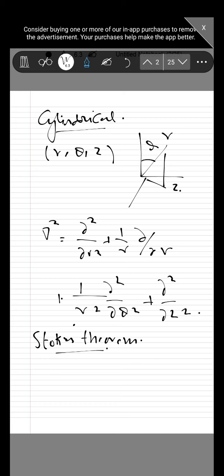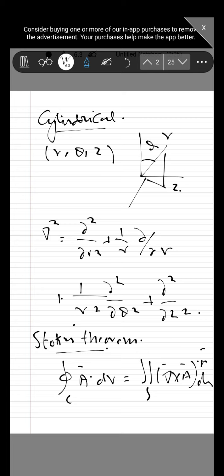It is represented in this fashion: the closed integral of A dot dr is equal to the integral of del cross A dot n ds. So it is a circular line integral, and it is a surface integral.